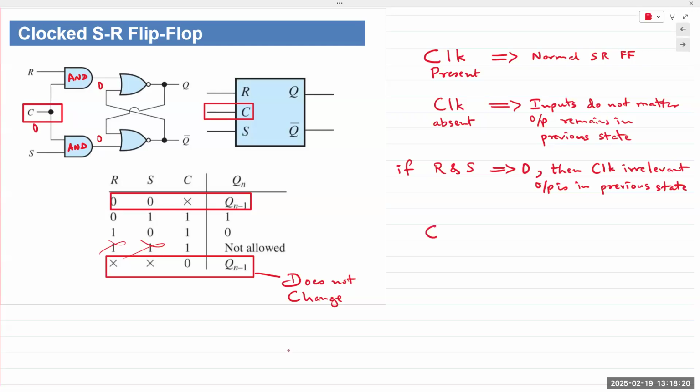Remember that the clock in sequential circuits keeps everything in sync. If the clock is present, the circuit is synchronous.